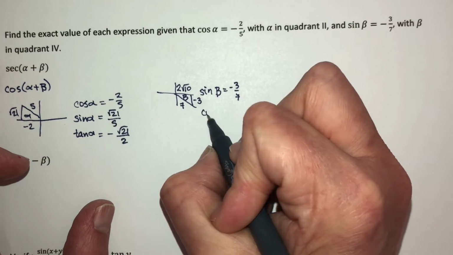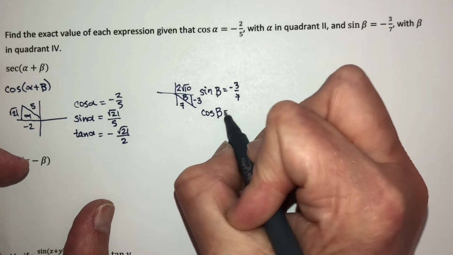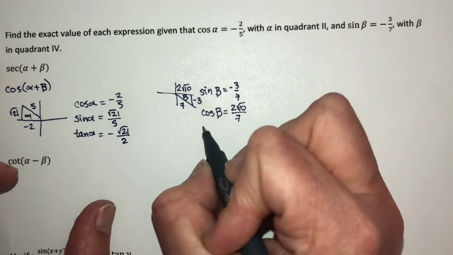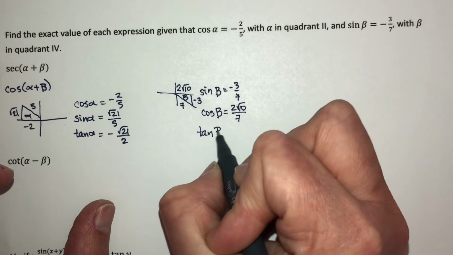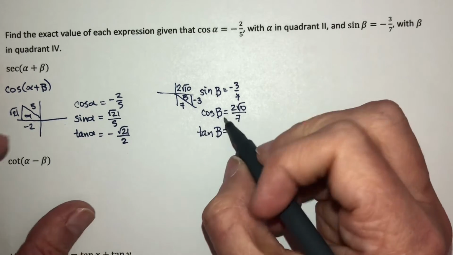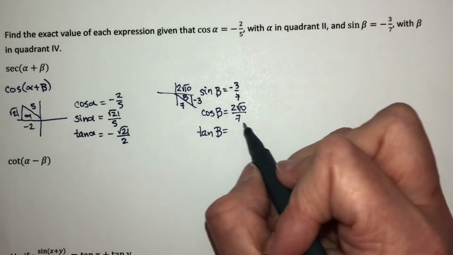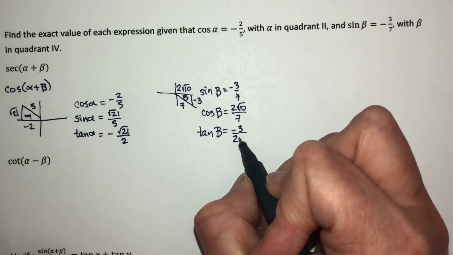So cosine of beta is going to be 2 square root 10 over 7, and tangent of beta is going to be negative 3 over 2 square root 10.